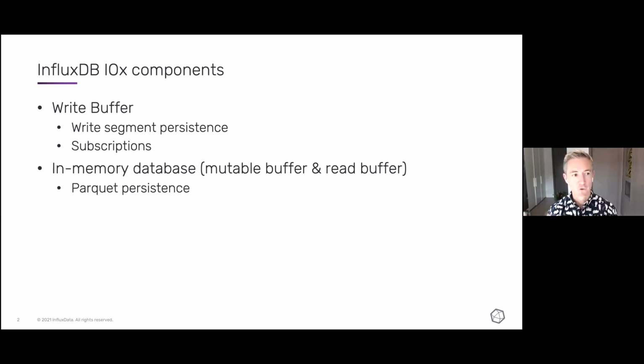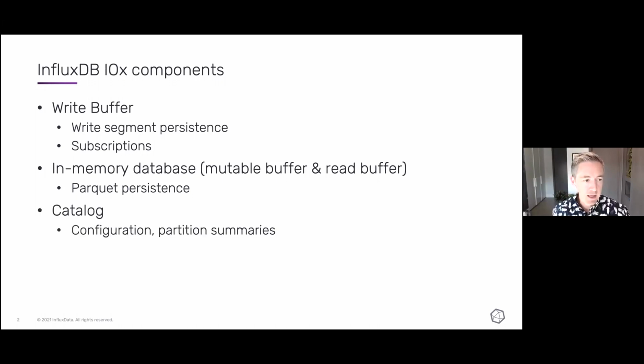And it's from this in-memory database that the persistence to Parquet files happens, which I'll cover in a second. And then lastly, there's this idea of the catalog of the database, which is the definition of what partitions we have and the summaries of the data and stuff like that. And this catalog can be used at query time to determine what data needs to be queried.